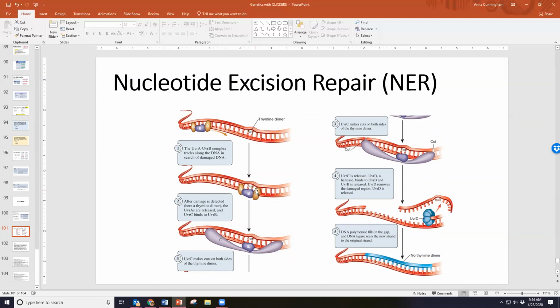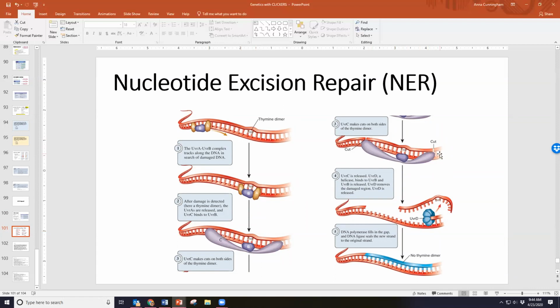It detects that thymine dimer and recruits some other machinery, and it cuts out a significant amount of DNA. It's like, well, here's our mistake, we're just going to cut out everything around it and start from scratch.